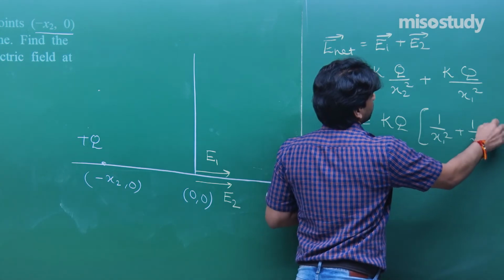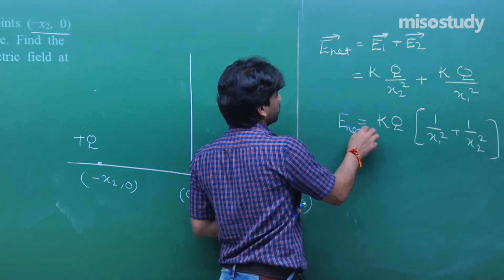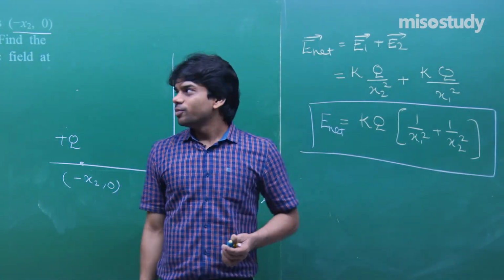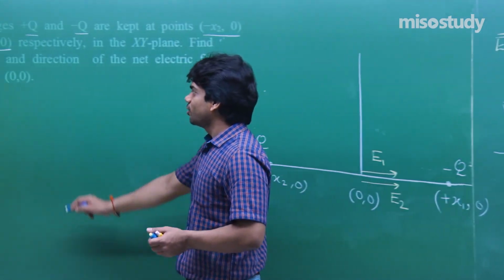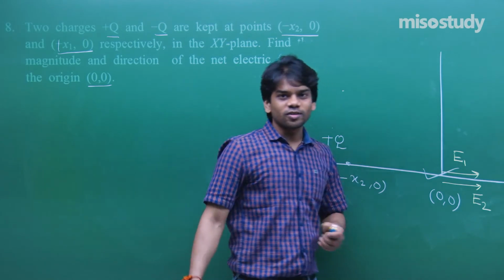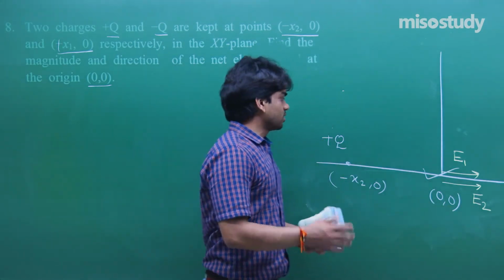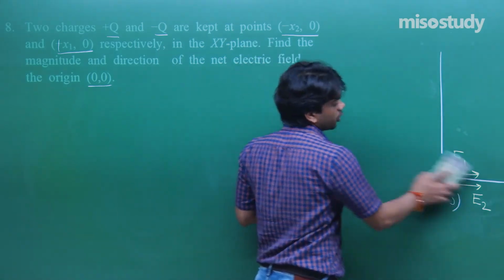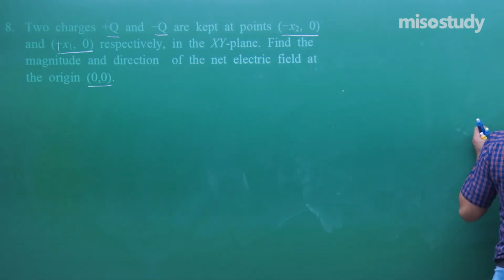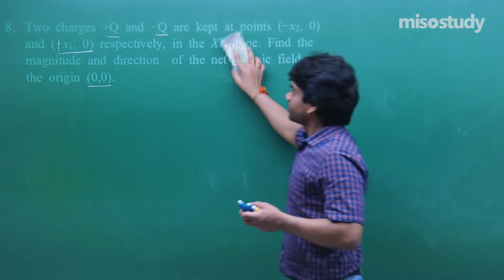This is the resultant value of the electric field magnitude, and direction is towards the minus q charge, because we have to evaluate the field at the origin. So you got the value of net electric field directed along this sense. Easy. These are simple questions, if you know the concepts, you can gain marks quite easily.